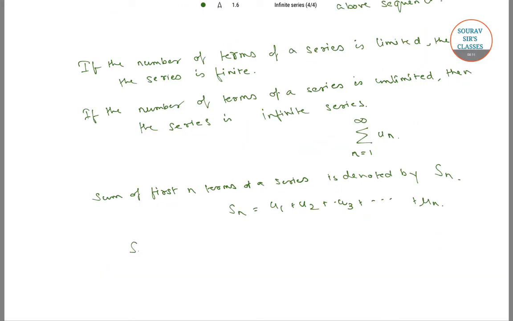Now, if this Sn tends to a finite number as n tends to infinity, then the series summation un is said to be convergent.